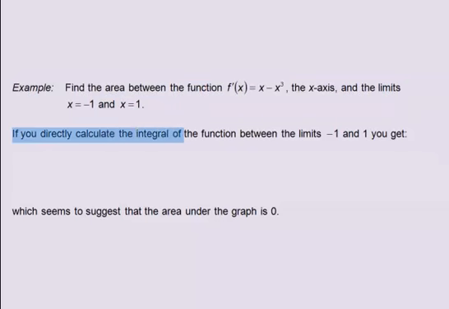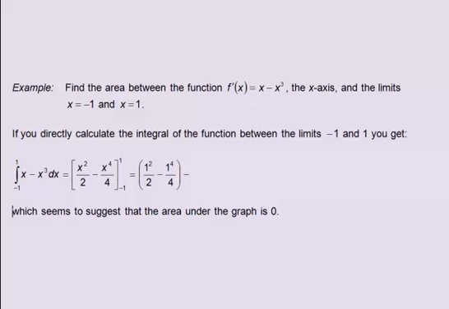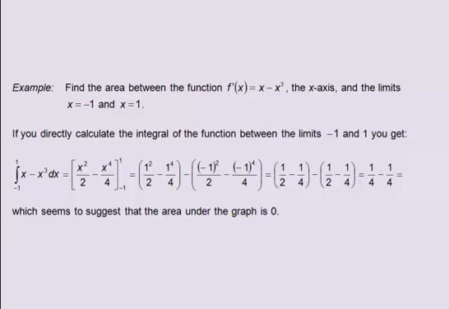If you directly calculate the integral of the function between the limits minus 1 and 1, you get the integral between minus 1 and 1 of x minus x cubed dx equals x squared over 2 minus x to the 4 over 4 evaluated between minus 1 and 1, which equals 1 squared over 2 minus 1 to the 4 over 4 from the top limit, minus minus 1 squared over 2 minus minus 1 to the power 4 over 4 from the bottom limit, which equals 1/2 minus 1/4 minus 1/2 minus 1/4, which equals 1/4 minus 1/4, which equals 0.